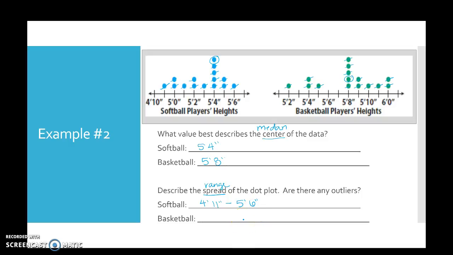And then the spread of the basketball player heights, because with the spread we're really focusing on the lowest and the highest number. Range, we actually do the subtraction, but still both are going to be involved. So 5 foot 2 inches for basketball, short guy on there, and then 6 feet 0 inches for basketball.